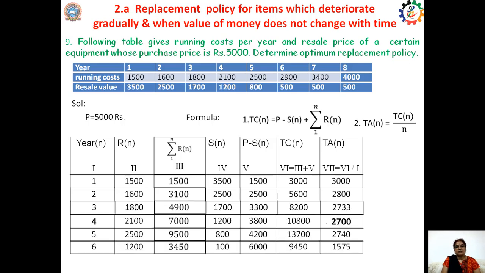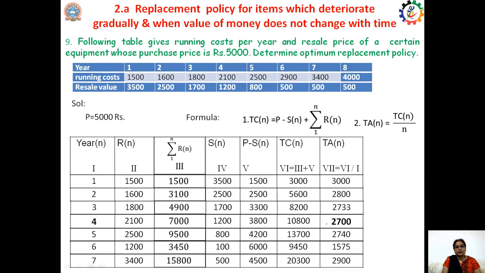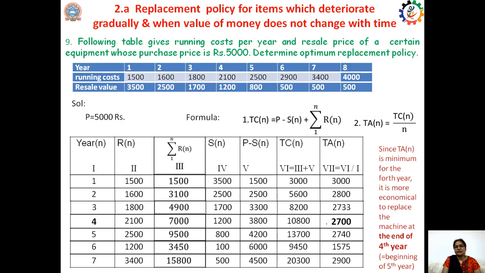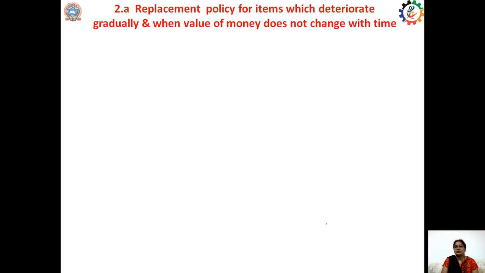Once all values are obtained, for all the 8 years actually we need to calculate. But if time doesn't permit, once you see the pattern in the last column, it's decreasing, got the minimum value, then once again it is increasing. If you stop at the 7th row itself, that will also do.